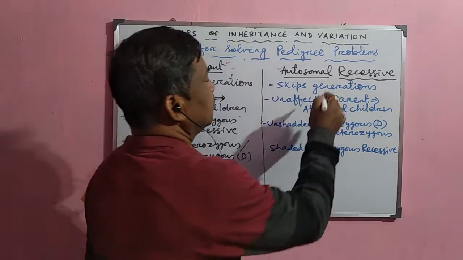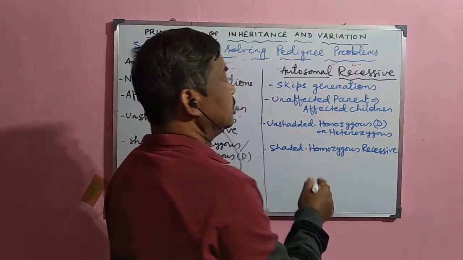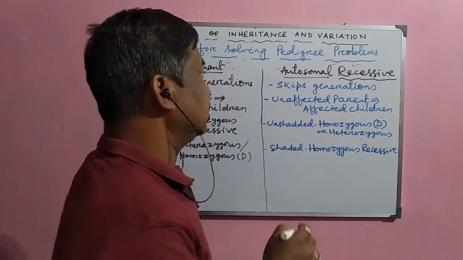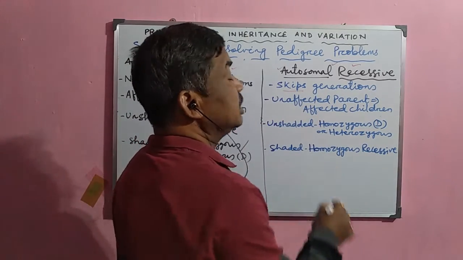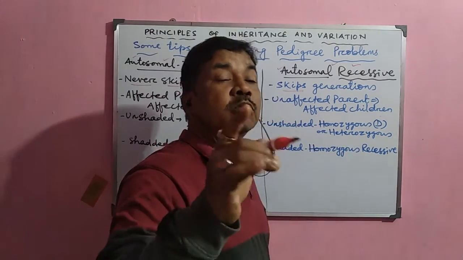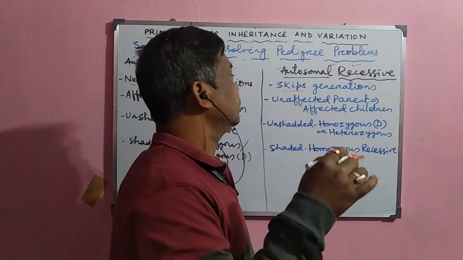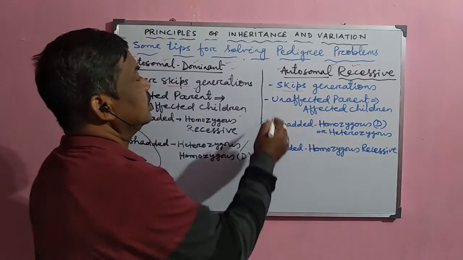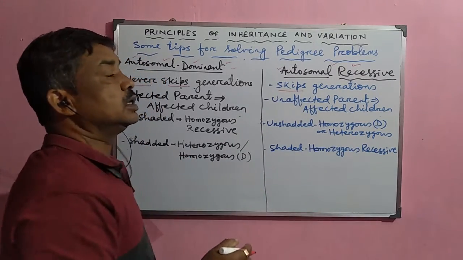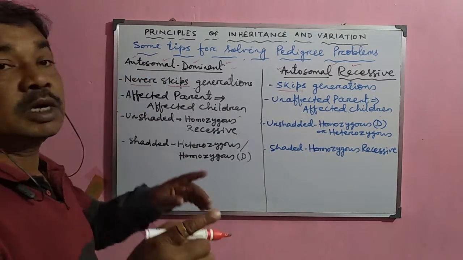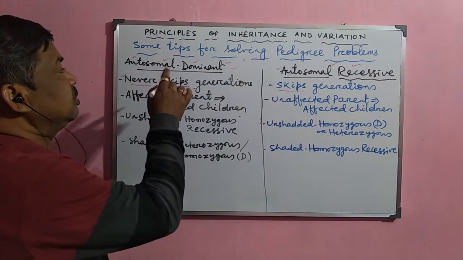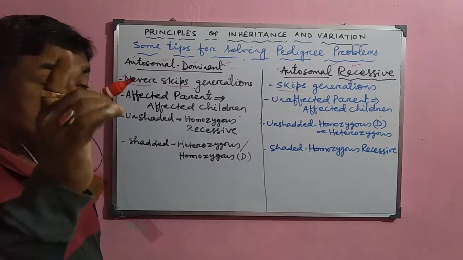But in autosomal recessive disorders, which are present in the autosome in the recessive form, they skip generations. If it is present in the first generation, it may be absent in the second, absent in the third and present in the fourth. Like that, it sometimes skips generations in the case of recessive, but in the case of dominant, it never skips. This is one of the key features for identifying dominant and recessive.